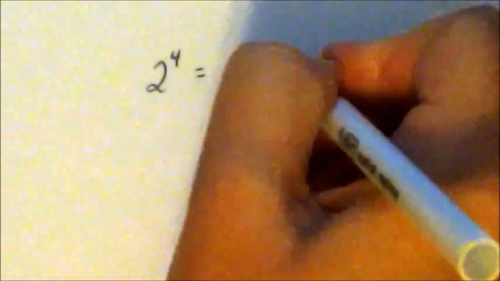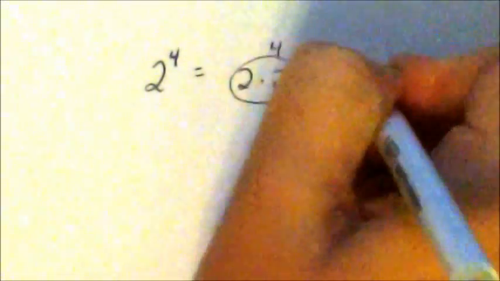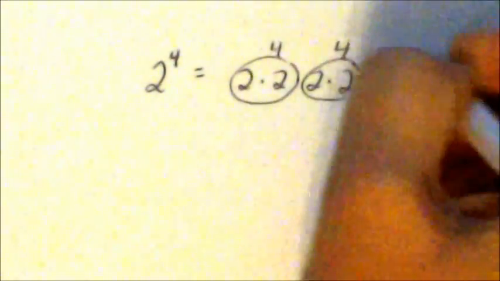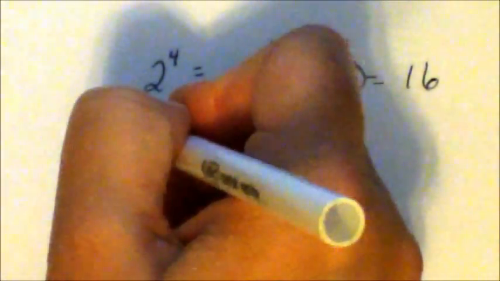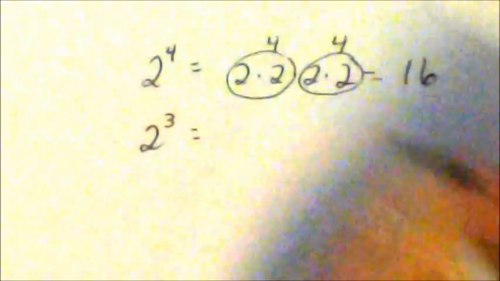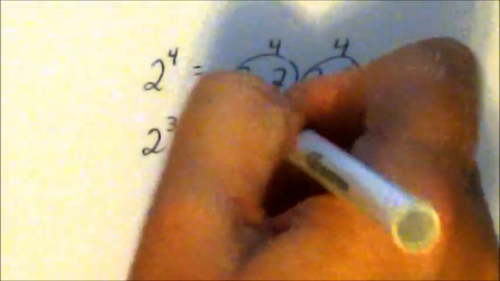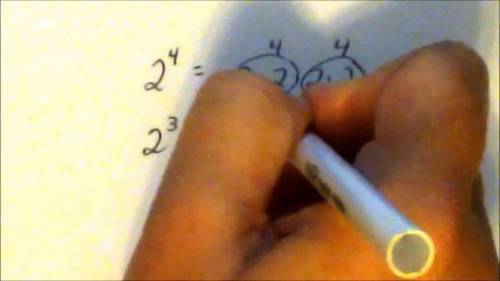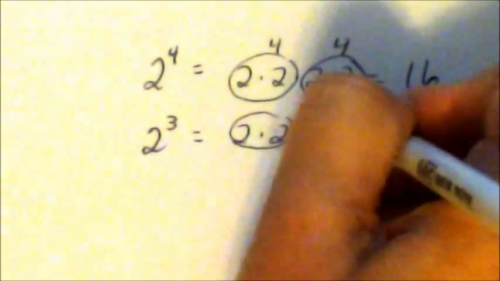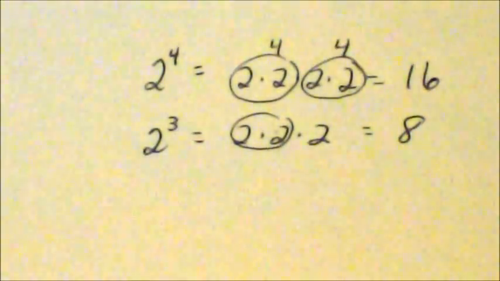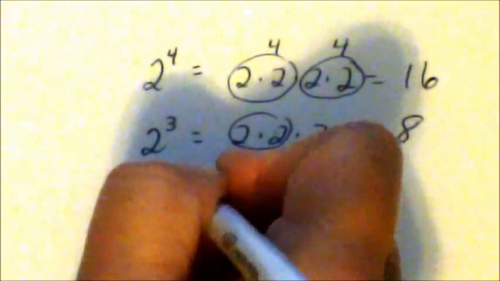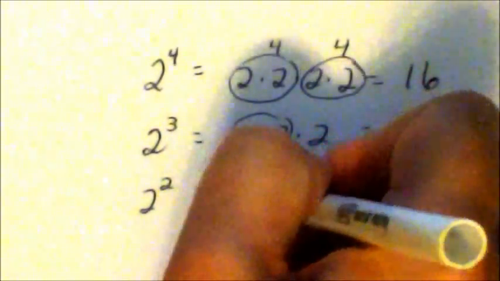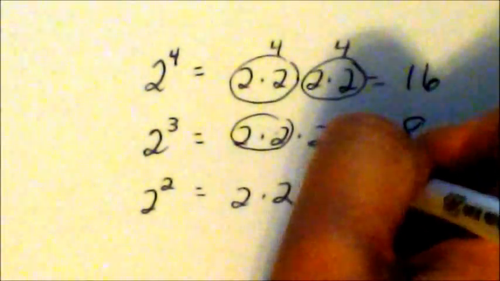And that equals 4 times 4, which is 16. Okay? Let's keep going down. 2 to the 3rd power equals 2 times 2 times 2, which equals 4 times 2, which equals 8. Let's keep going down. 2 to the 2nd power equals 2 times 2, which equals 4.